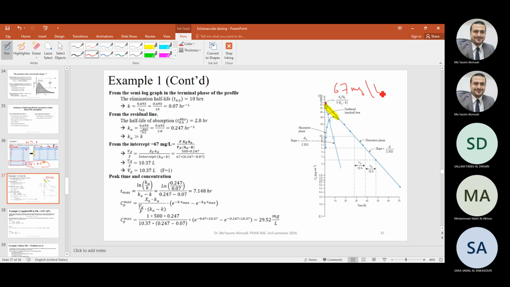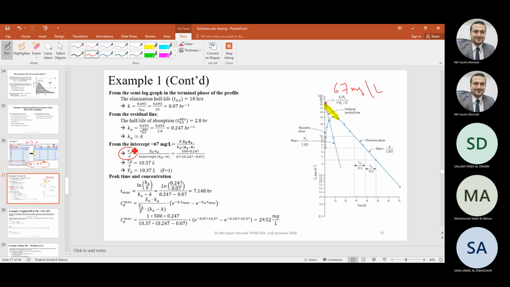I can use it to get the Vd over F. So the Vd over F is equal to dose multiplied with Ka divided by intercept, which is the capital A, multiplied with Ka minus K, right? So the dose is 500 milligrams. The Ka, we calculated that to be 0.247. The intercept is 67, and the K is 0.07. If you do this, you can get the value of Vd over F, right?